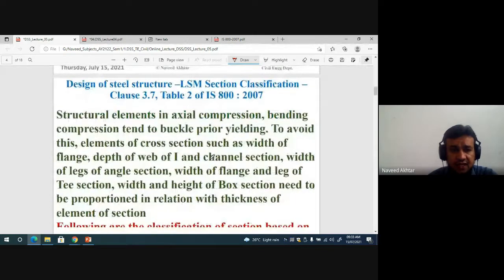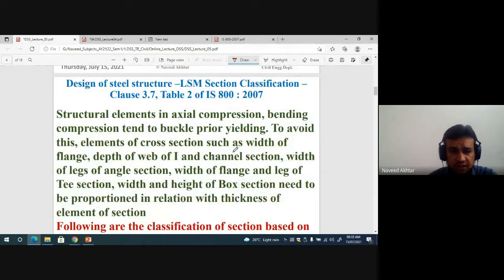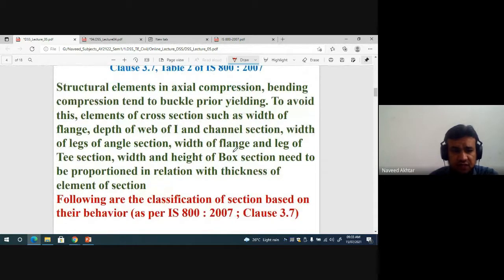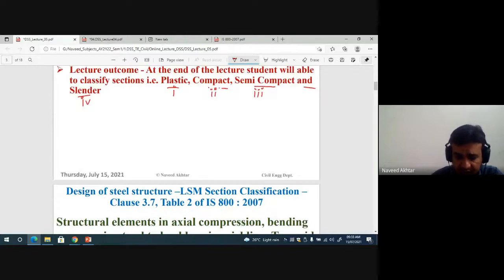So why, in design of structures, do we need element classification? The structural element in axial compression or bending compression. Axial compression, you know, is when the load is applied on a member, generally a column.